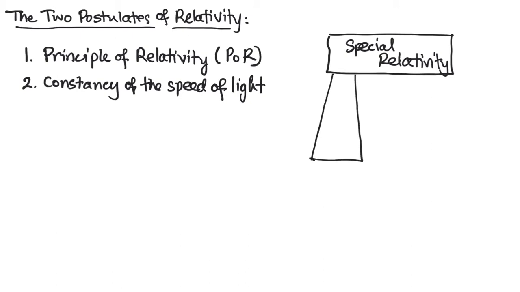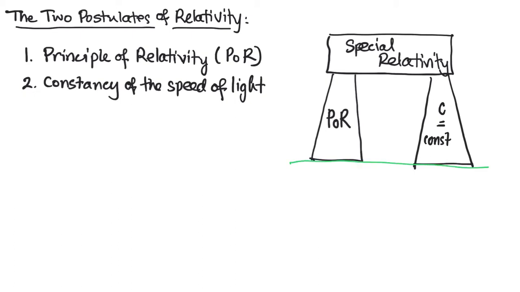Those two main pillars are these two postulates. The supporting pillar number one would be the principle of relativity, and the second is that the speed of light is a constant. Maybe this is like Stonehenge, right? It's sitting on the ground and there's grass growing here. And this theory of relativity is fine and will survive as long as both of these pillars are intact.